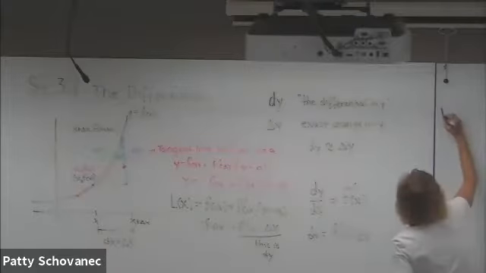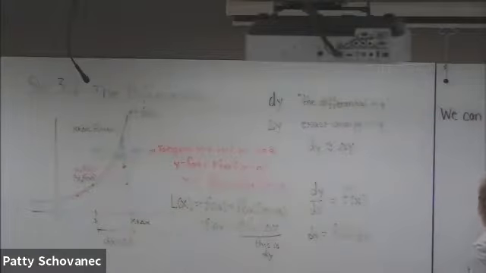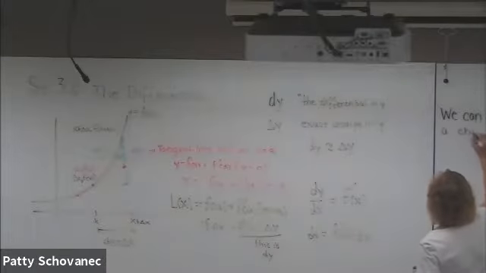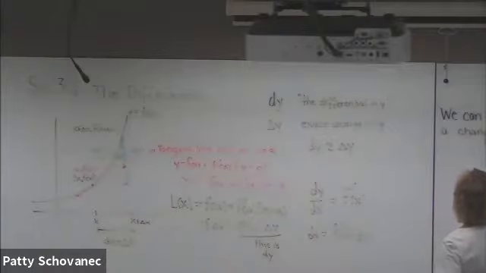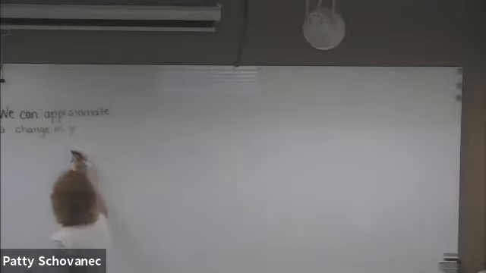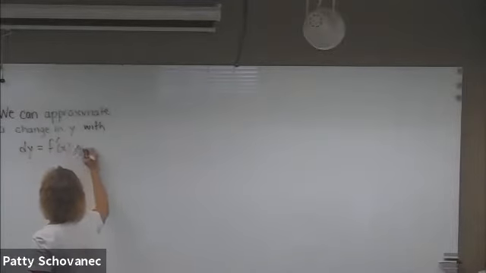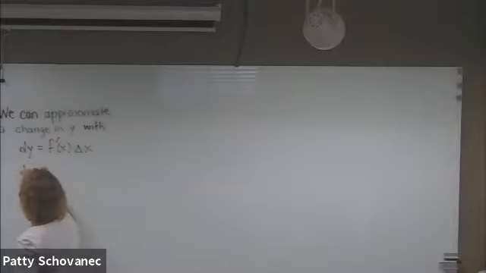That we can approximate a change in y as y changes from x is a to x is a plus delta x with dy, which is roughly equal to the exact change in y.